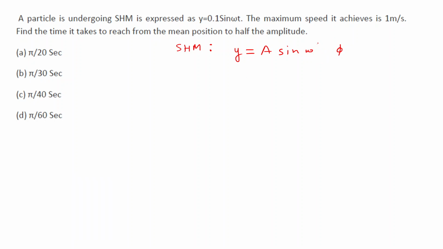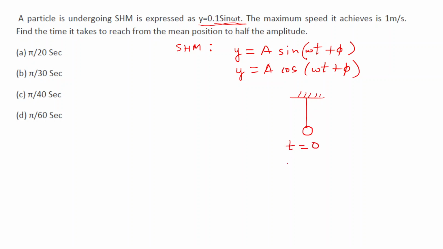So it's either given by a sine omega t plus phi, or a cos omega t plus phi. If there is phase, we give this phi, otherwise just a sine omega t and a cos omega t, as we can see here. When we consider these two cases, say we have a pendulum, and at time t equals 0 the motion is starting from this position, then we consider the a sine omega t equation.